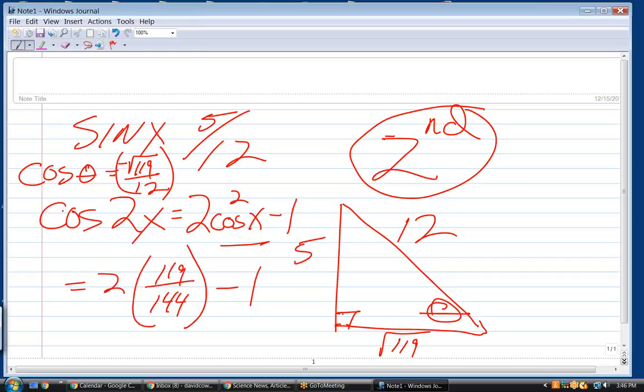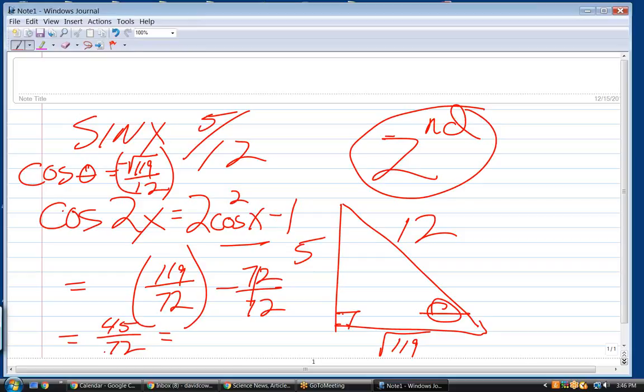Okay. That is a number less than 1. What number is it? Let's see. If we make that look like 72, and that's 72 over 72, it looks like 45 72nds, which reduces.